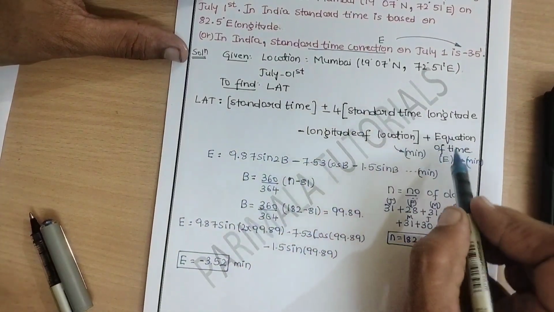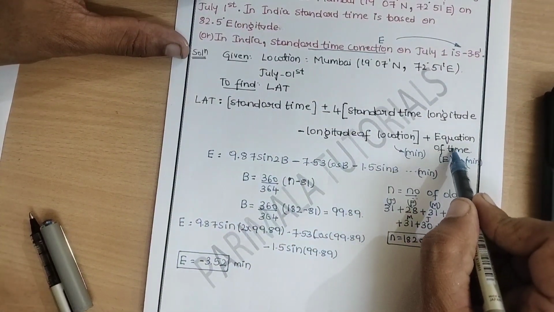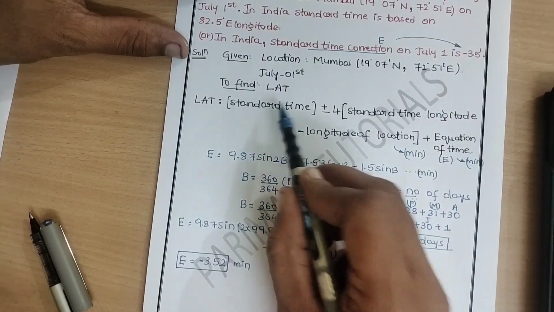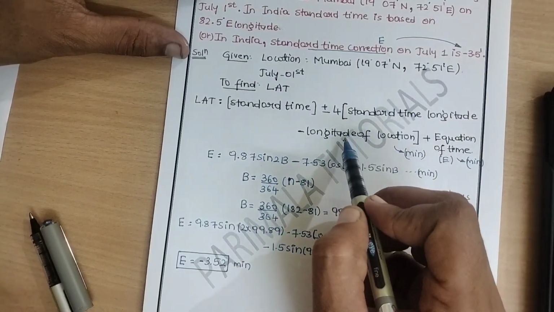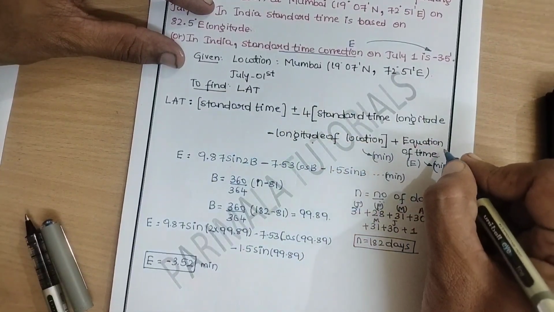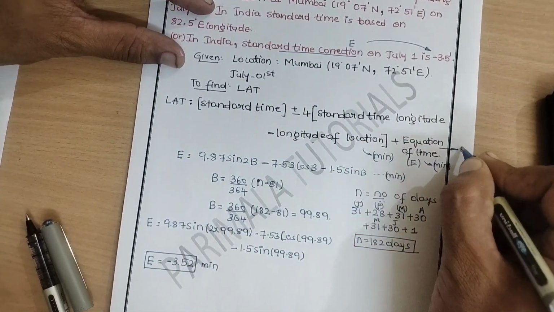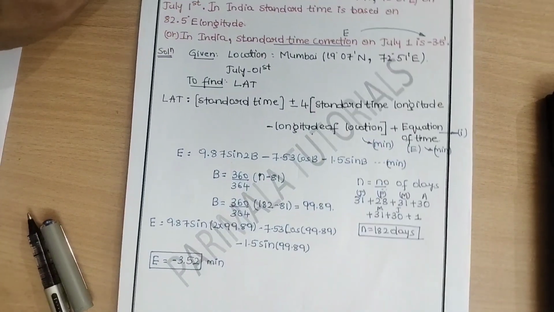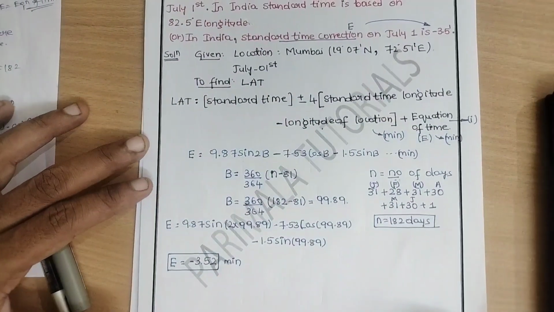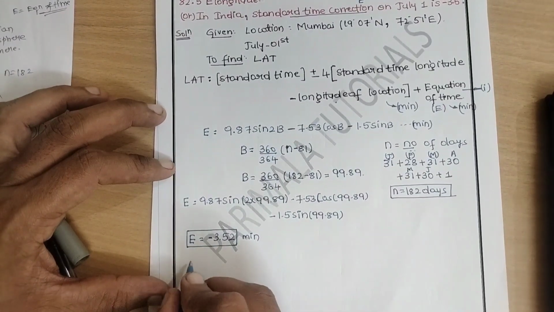In this equation, we have got the value of the equation of time. Let us substitute the standard time, the standard time longitude, the longitude of the location, and the equation of time to get the local apparent time. For the time being, I will call this equation number 1. One by one, what is the standard time here? I will just write it here.